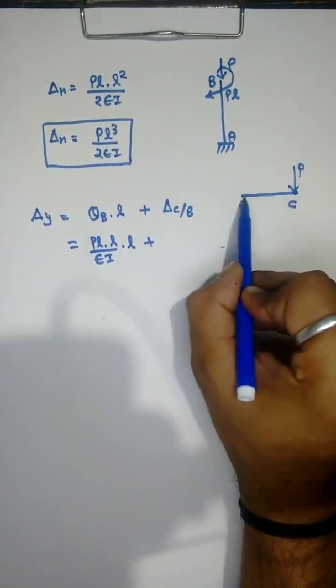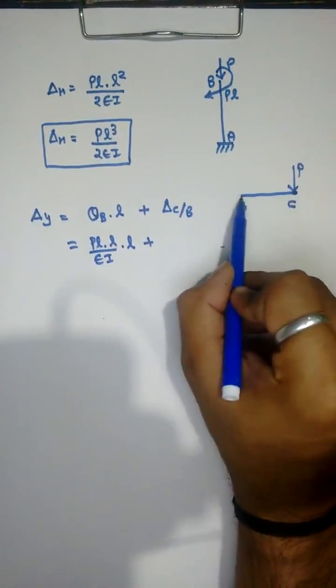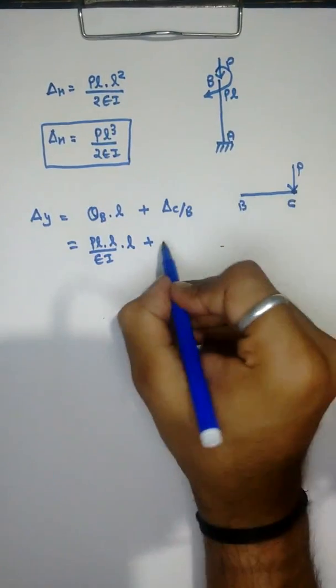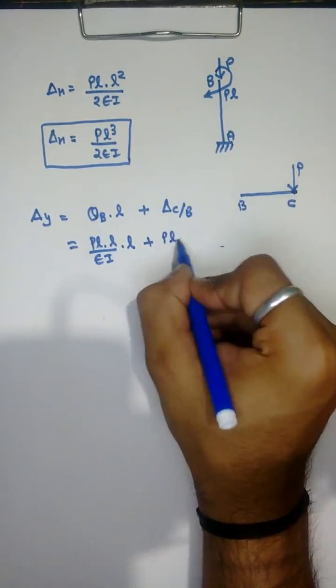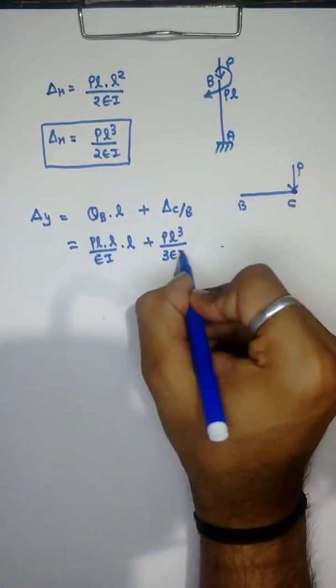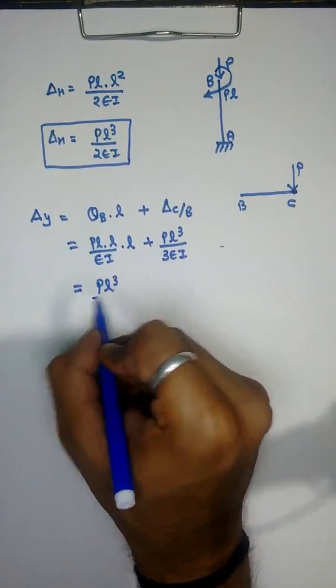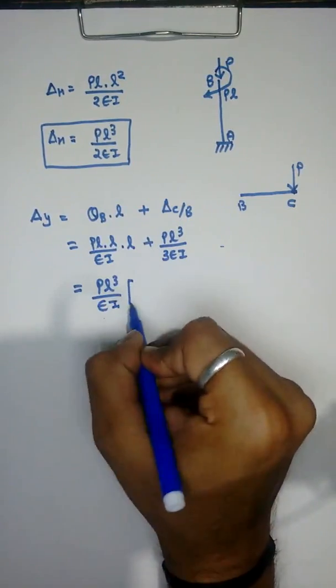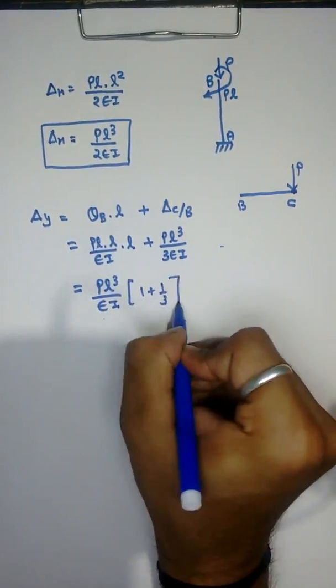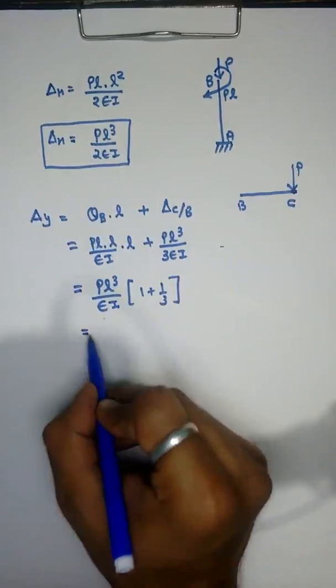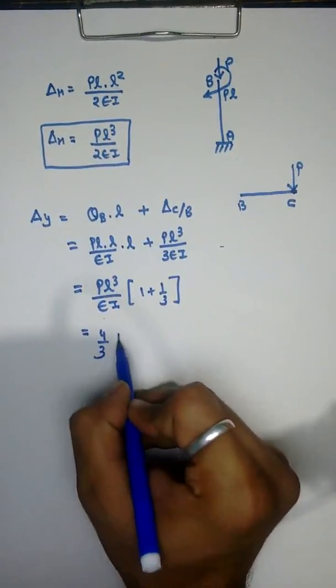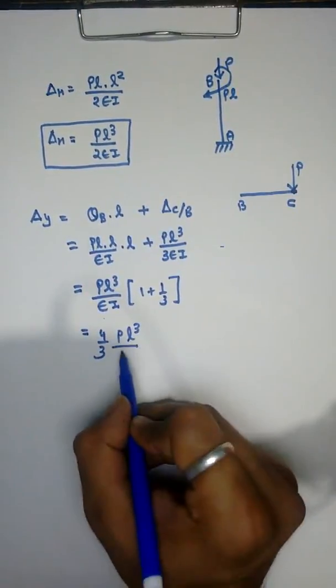So deflection at point C with respect to B is due to point load at free end, which is PL cube upon 3EI. So it is equal to PL cube upon EI into 1 plus 1 by 3, which is equal to 4 by 3 PL cube upon EI.